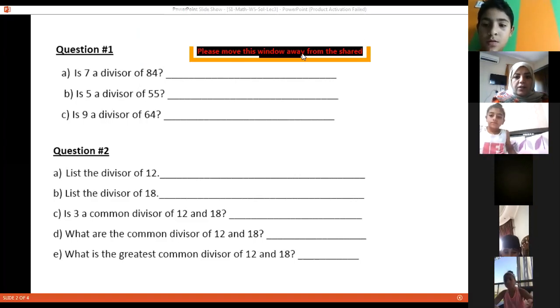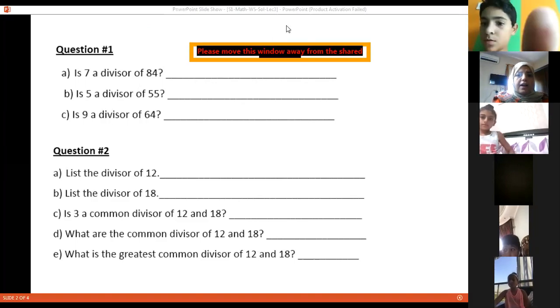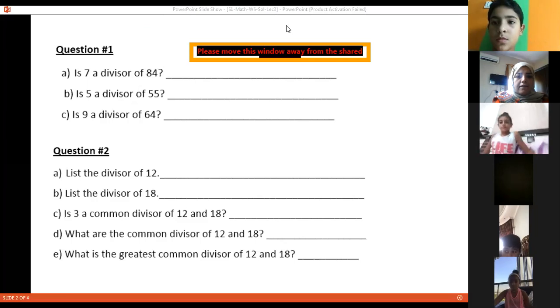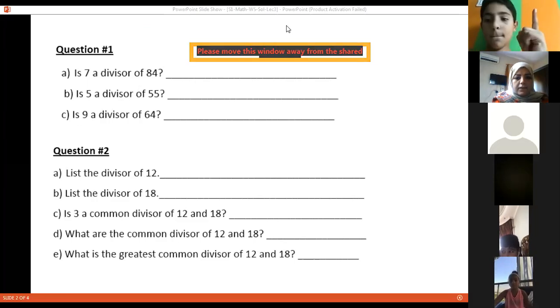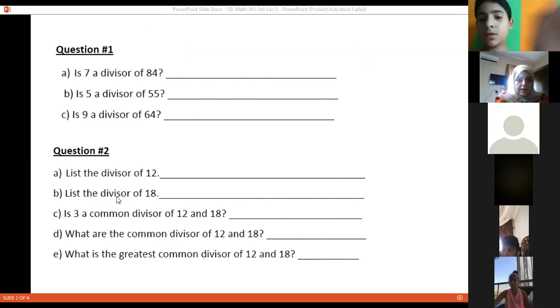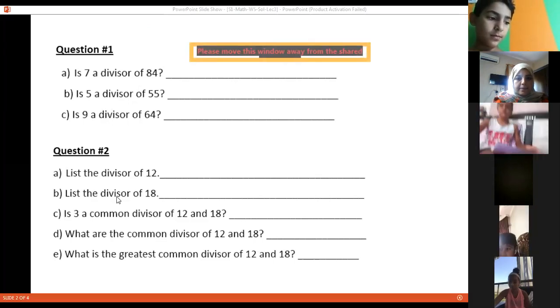Okay, so now, is 5 a divisor of 55? I'm going to pick Hadi. Hadi, is 5 a divisor of 55? Yes. Why?